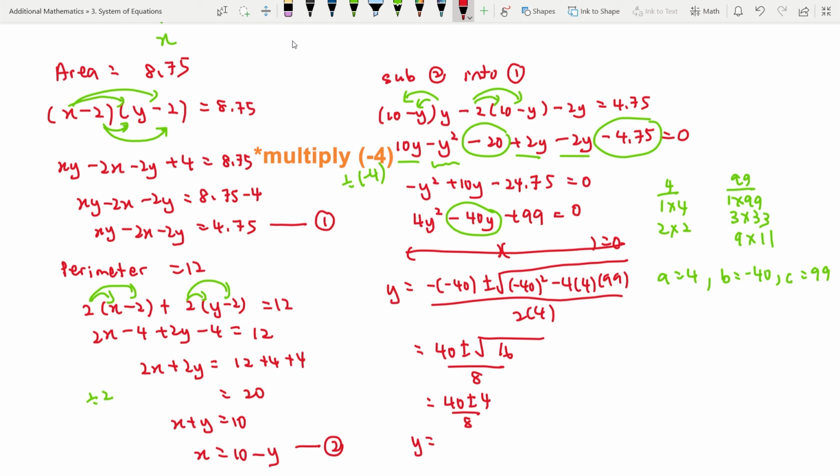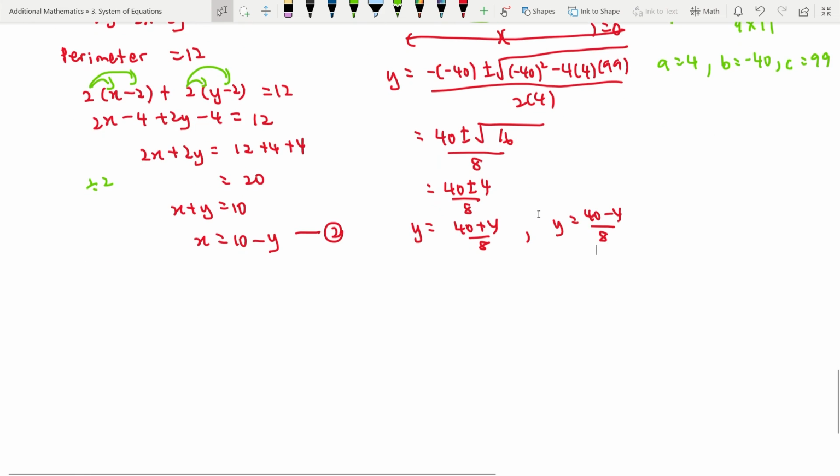Hence, our y is equal to 40 plus 4 over 8, or y is equal to 40 minus 4 over 8. For the first case, we get 44 over 8, which is 11 over 2. And for the second case, we get 36 over 8, which is 9 over 2.